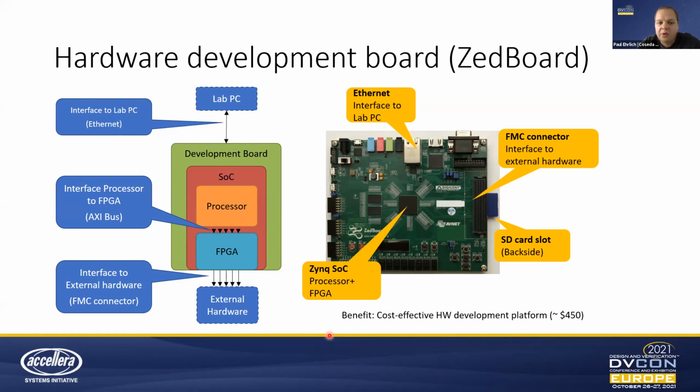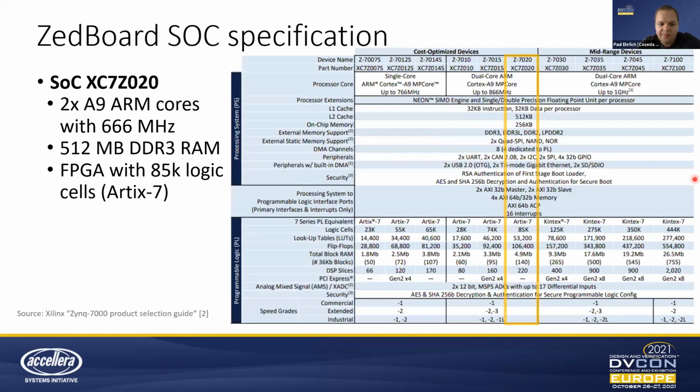And there are even other Zynq device boards like the Snickerdoodle board and stuff like that, which are in the same price range. To give an overview of the Zynq devices we are looking at, we are here in the cost-optimized device, the highest cost-optimized device. If you go to the mid-range devices, you get larger FPGAs basically.